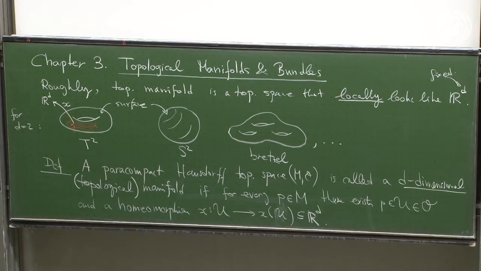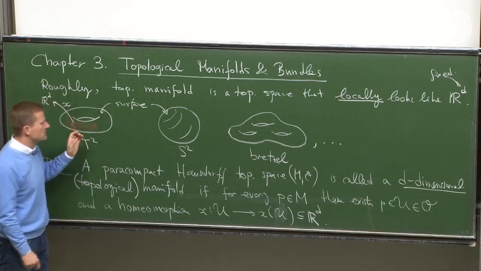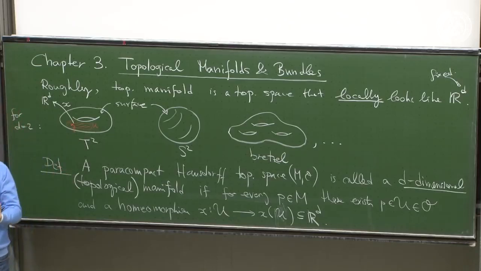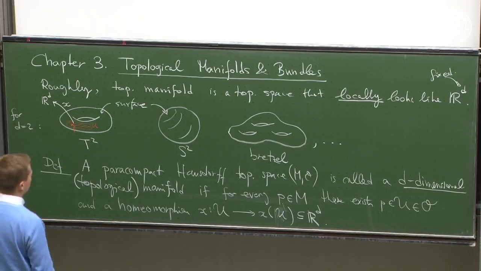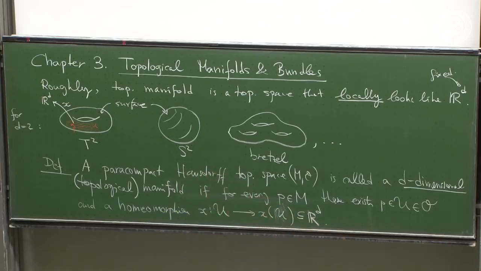Okay, and obviously, so you look at this space and you say, sure, locally, if you just look very closely, this looks like a piece of R^d from the topological point of view. It can be deformed such that it looks like a piece of R^d. Okay, so that's the definition. Well, examples.